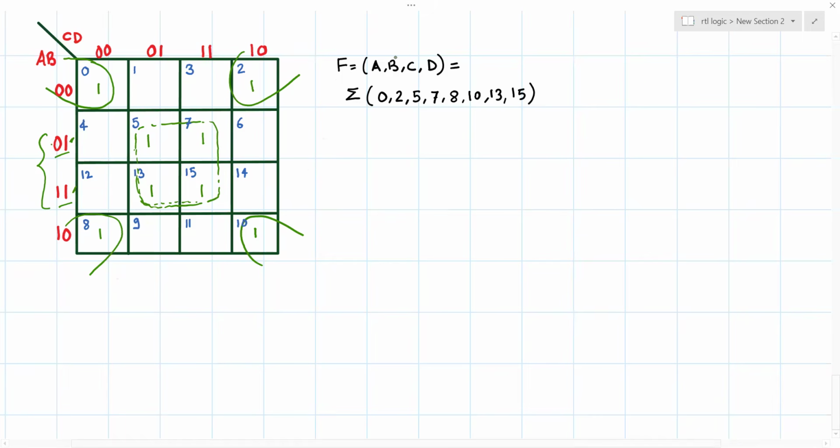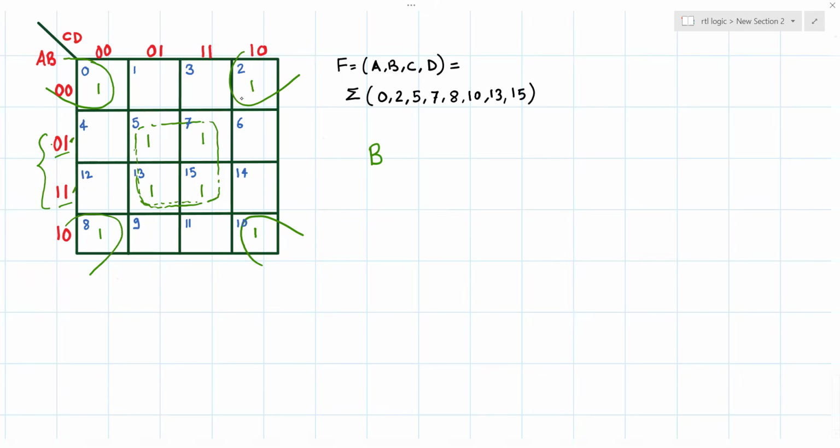You can see that A is 0 here, A is 1 here, but B is both 1. So we'll take only the common term and write it accordingly. So the first term is B, coming from this one.